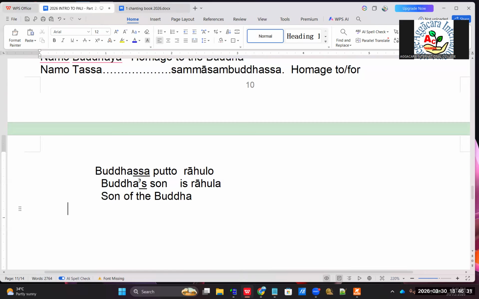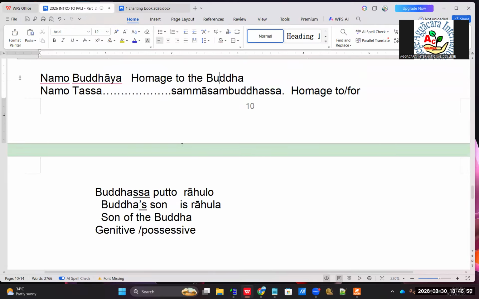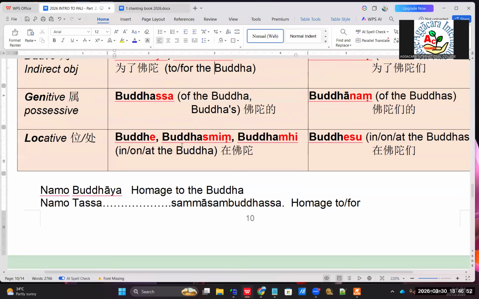This is called genitive or possessive. Buddhasa Putto Rahulo. Son of the Buddha is Rahula. So Buddhasa, Buddhanam.